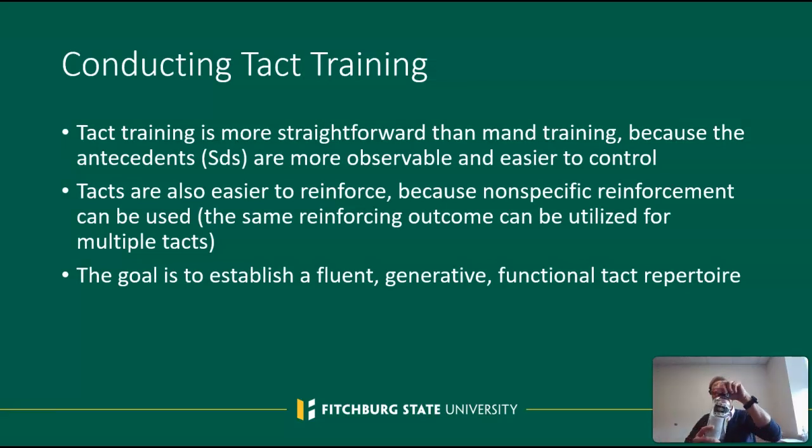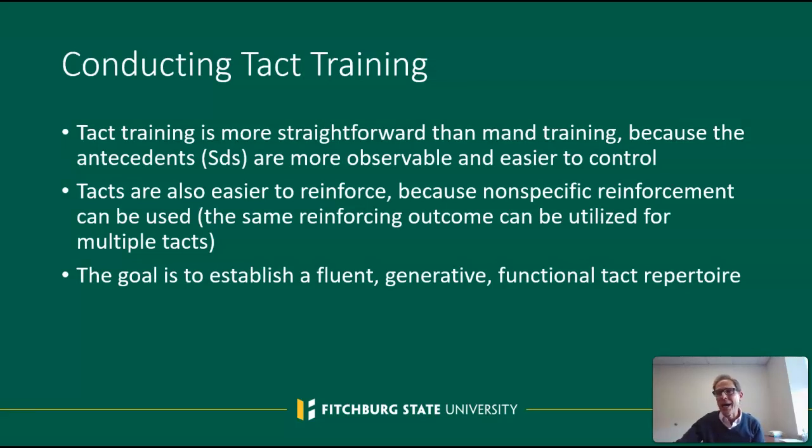The mand for open is only likely to be evoked if there is motivation for what's inside that bottle, right? Whereas if I'm going like this and I'm looking for someone to label that as open, right? I can provide lots of non-specific reinforcement. I can provide tokens. I can provide praise.